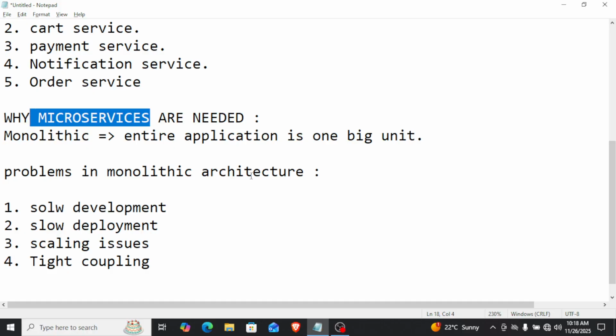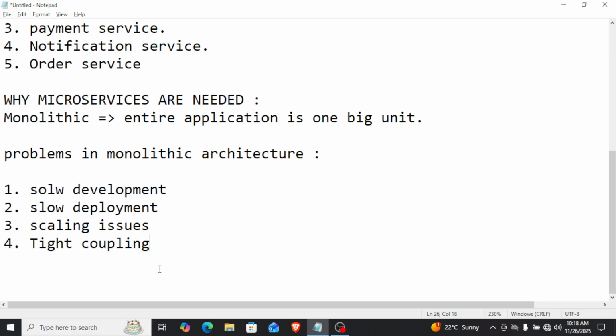Now we will see what are the different characteristics of microservices.